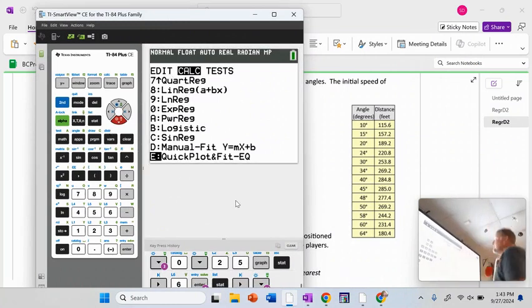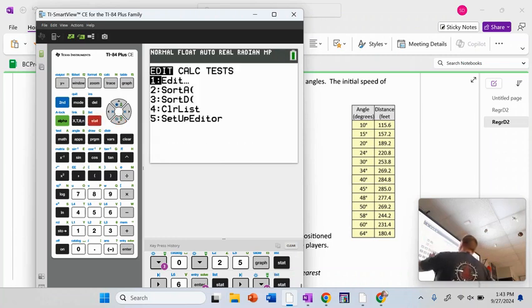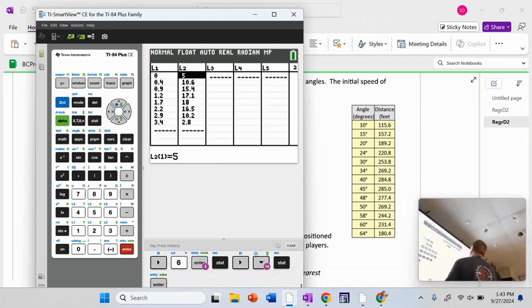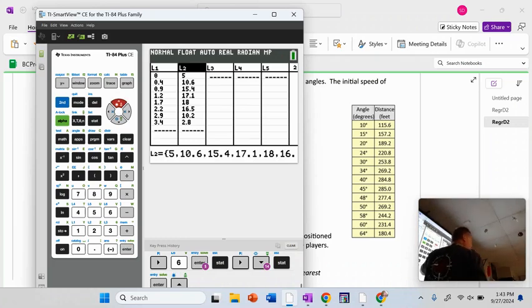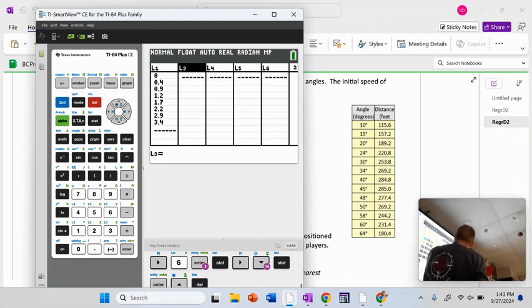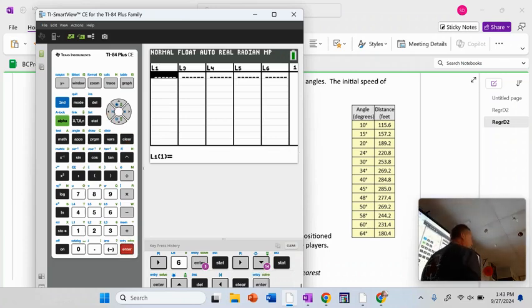Okay, so stat, edit. I did the delete thing with you guys. Didn't I show you delete? Watch up here. How do I get rid of it? Remember I did this yesterday? Oh no, what happened to L2? Actually, what you're supposed to press, I should have told you this, is clear enter. That's how you clear a list.